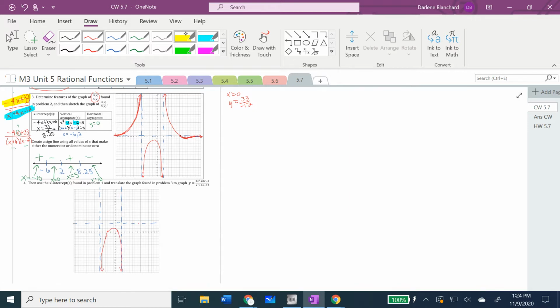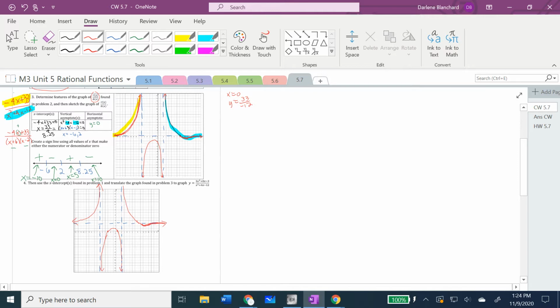I know that this piece is going to look pretty much the same, just up 3 units. And I'm not drawing perfectly, I want to remind you. And then this piece moved up 3 units. That's not fantastic, but yeah.